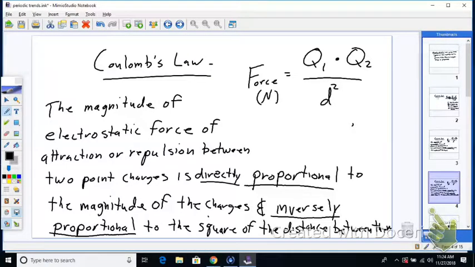So if we've got an atom, it's got a nucleus with protons, and it's got an outer shell of electrons that are negative, we can talk a little bit about attraction between those two. We can say if the distance increases, then the attraction force decreases because the distance gets further.